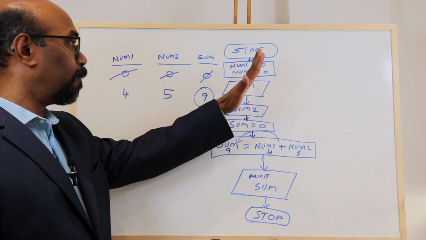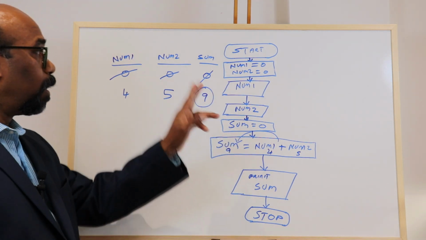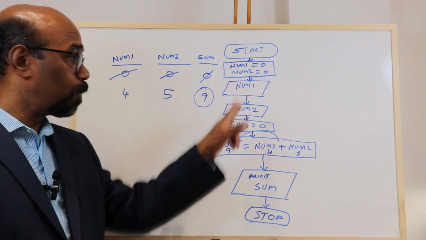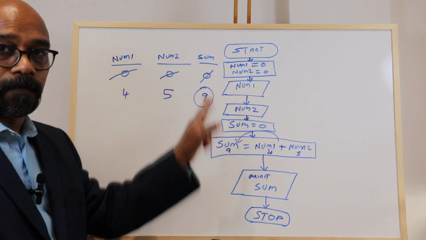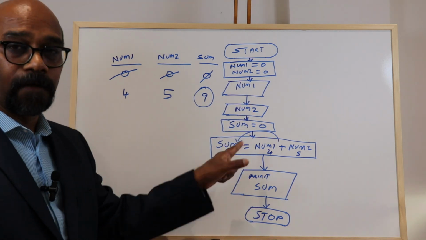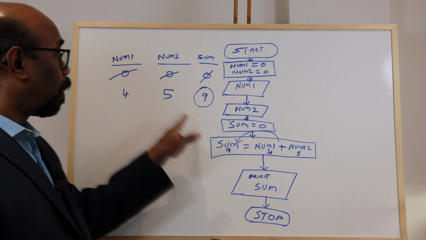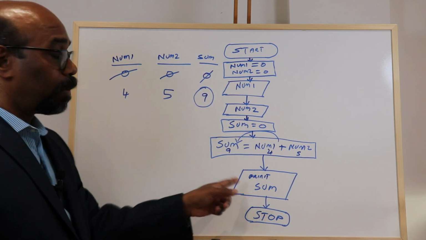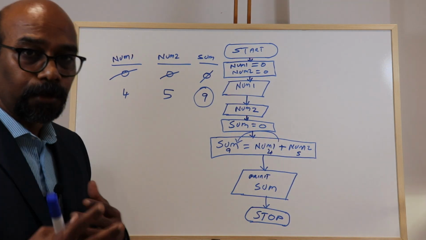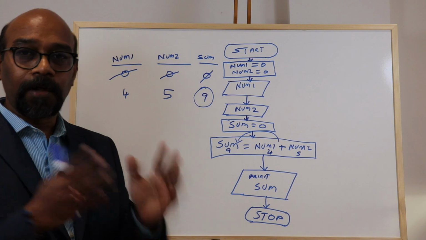Whatever flowchart you have drawn to solve a problem, you test yourself. Apply values on each variable, go through your sequence, and now you can see the value of each one. This way you can be sure your logic works all the time. Testing is very, very important.